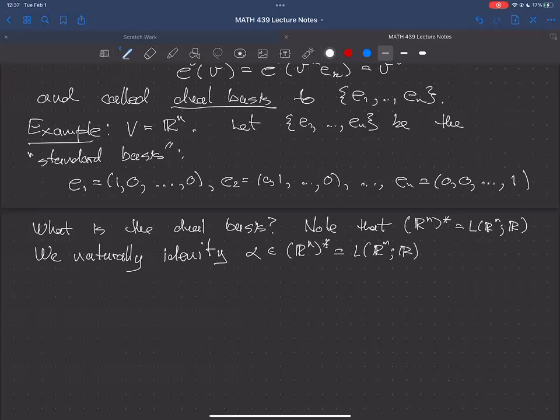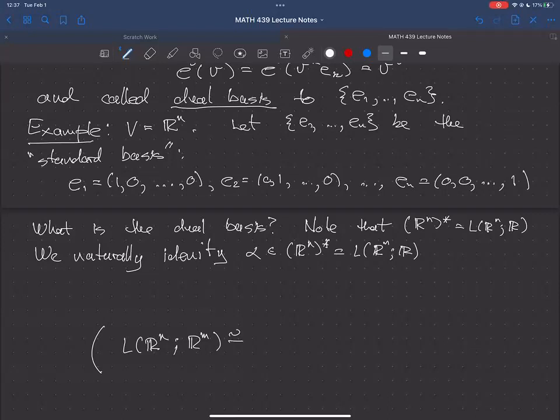Anytime we have linear mappings between Euclidean spaces, there's naturally associated to those things a matrix. Just to remind you, if you have a linear mapping from R^n to R^m, slightly more general, then we can think of these as matrices, and the matrices have what size?